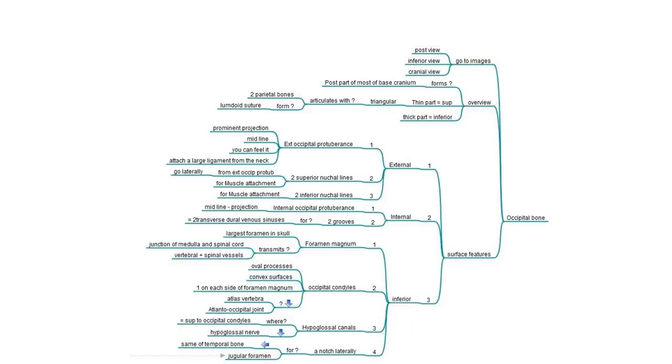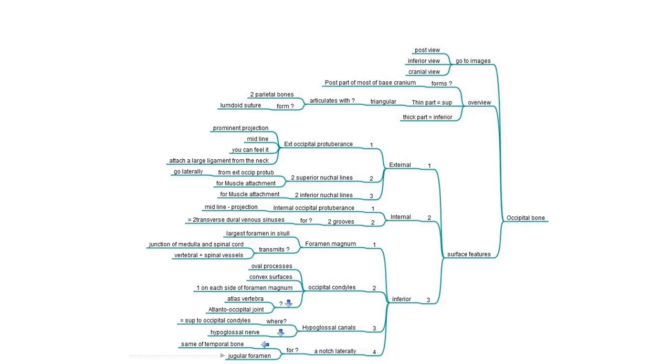This is the mind map of the occipital bone, and you can follow the lines and collect the basic information out of this mind map. For example, what are the internal features of the occipital bone?